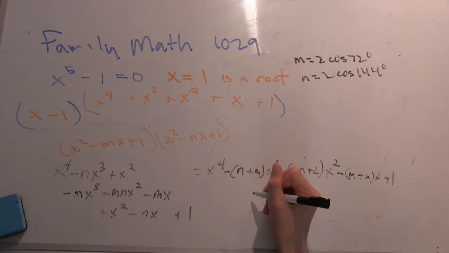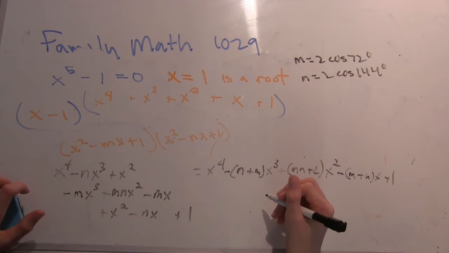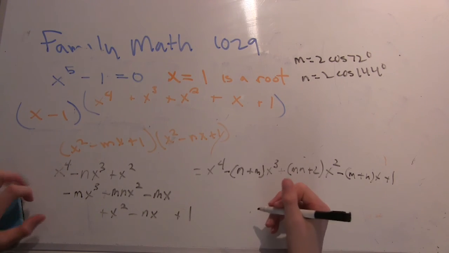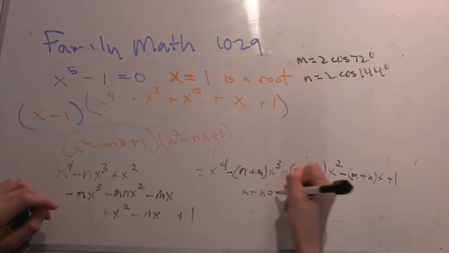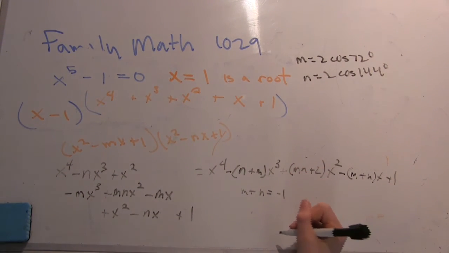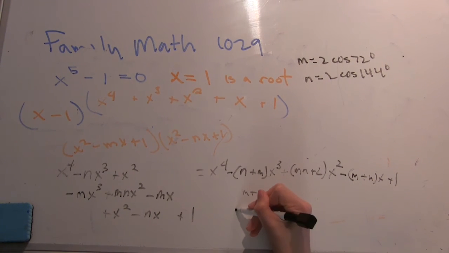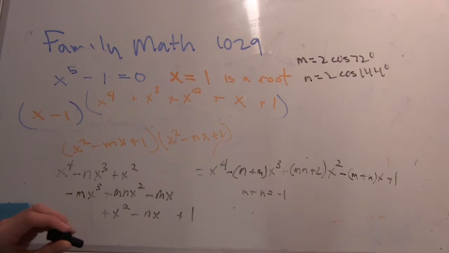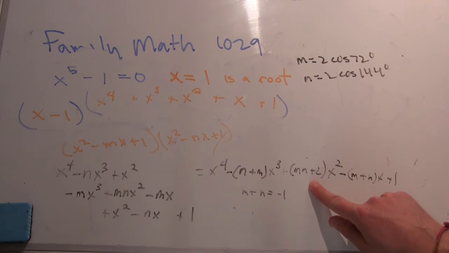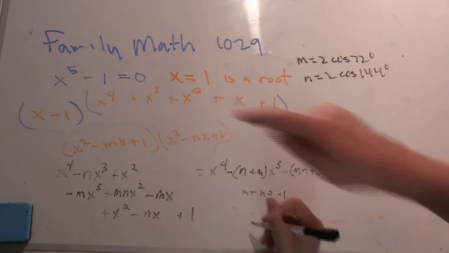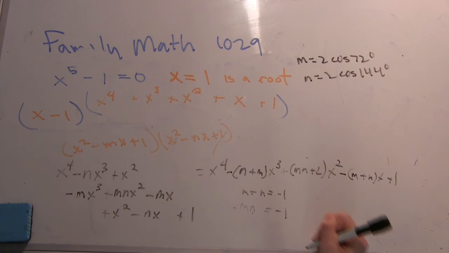You know that minus (m plus n) is 1, so m plus n is minus 1. For the x squared coefficient, mn plus 2 is 1, so mn is minus 1 as well.